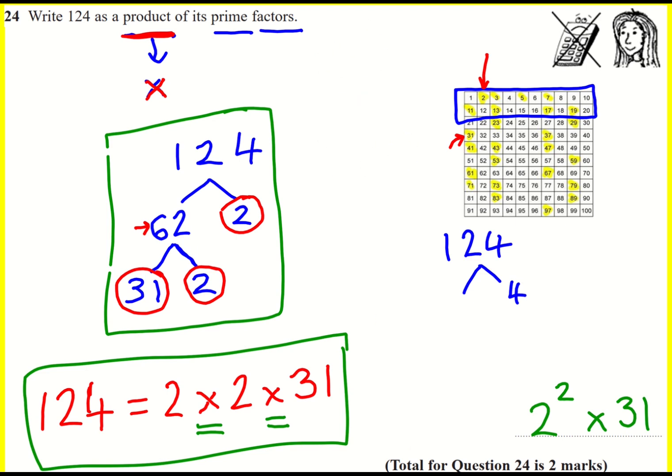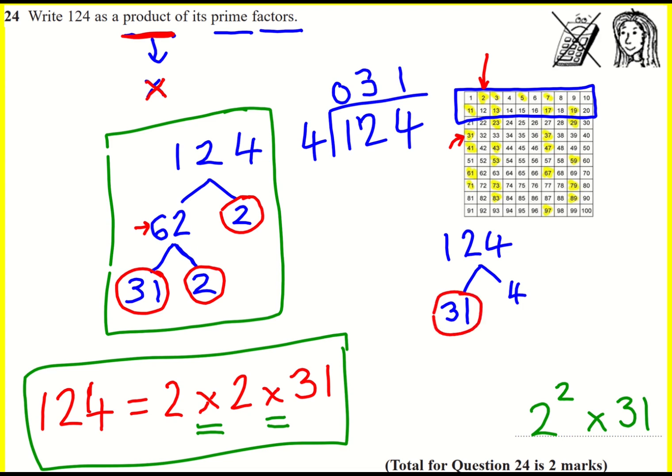Let's just do a little bus stop with 124 and 4. 4s into 1 don't go, 4s into 12 go 3, and 4s into 4 go once. So the other number here would be 31. And you would stop on this branch, but 4 is not prime, so I'd keep going here. And what 2 numbers multiply to give 4? 2 and 2. And now I've got to my primes at the end.